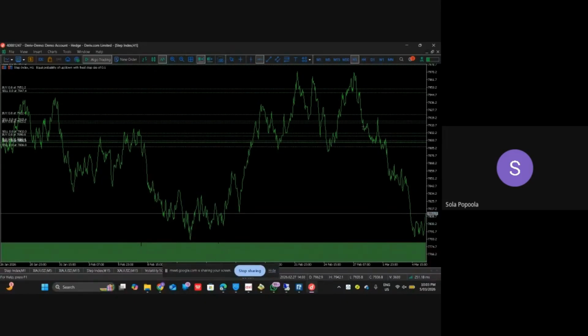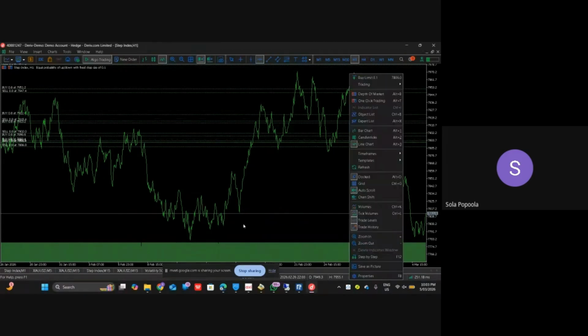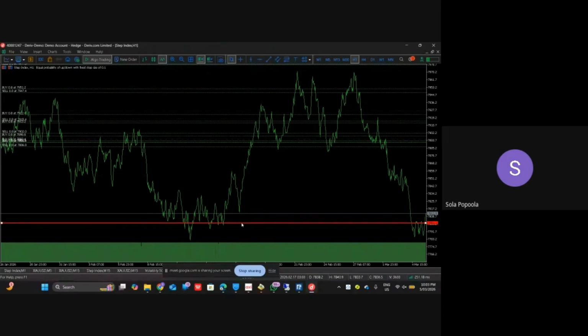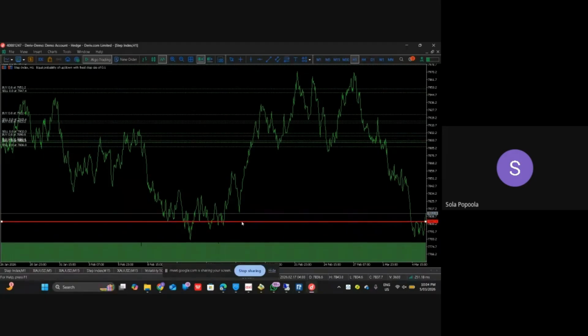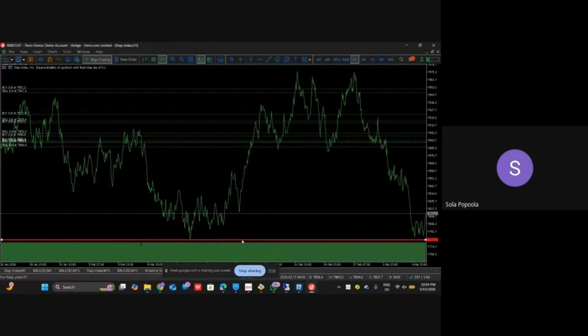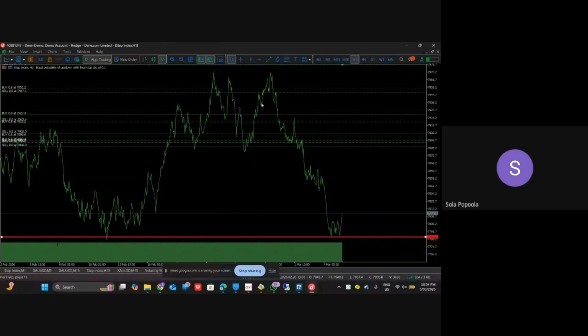So when you are mapping it, you map it on the higher time frame, just like I said. You know what I'm trying to do? I'm trying to take it from where the market is. I'm not too concerned about this side. I want to use it for confirmation. But this side is my point of interest.